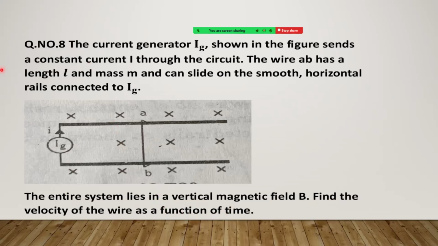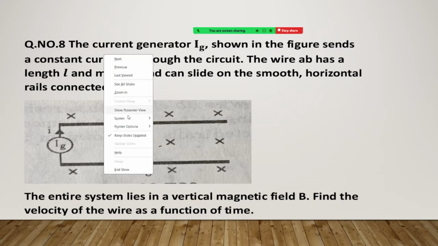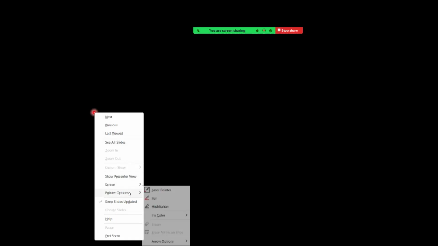Okay. Let us see how we solve this problem. First of all, make the given diagram. It is a current generator that is sending constant current, right?